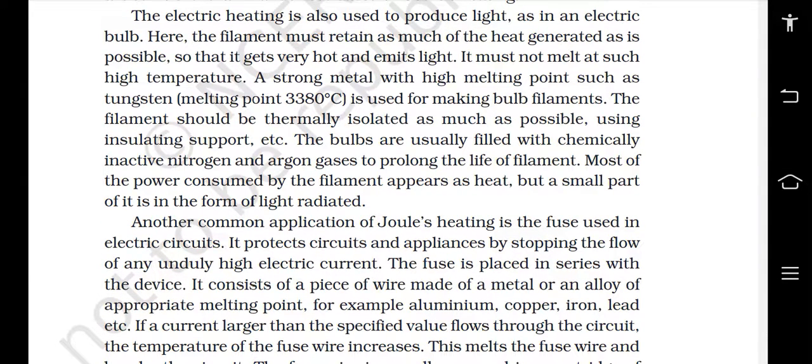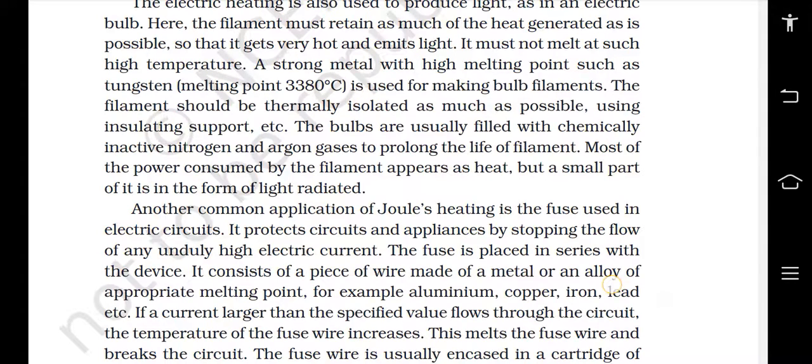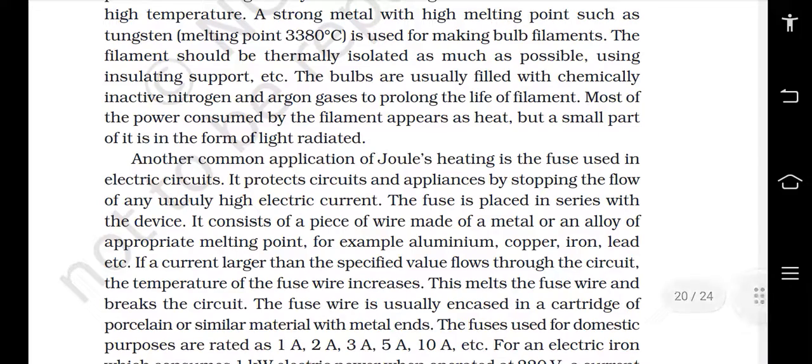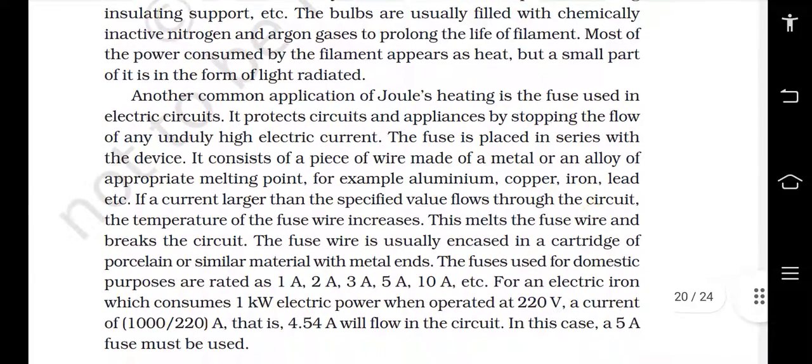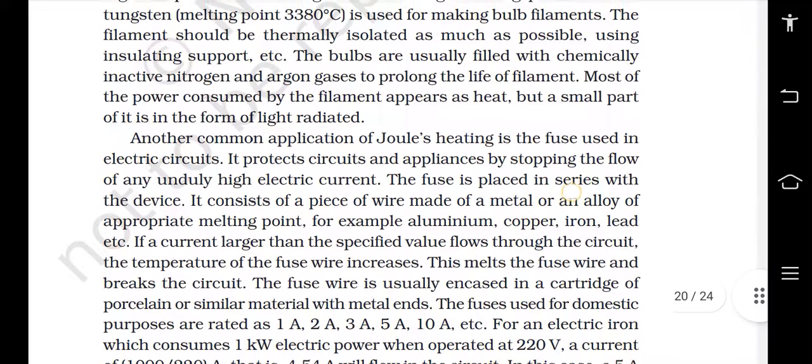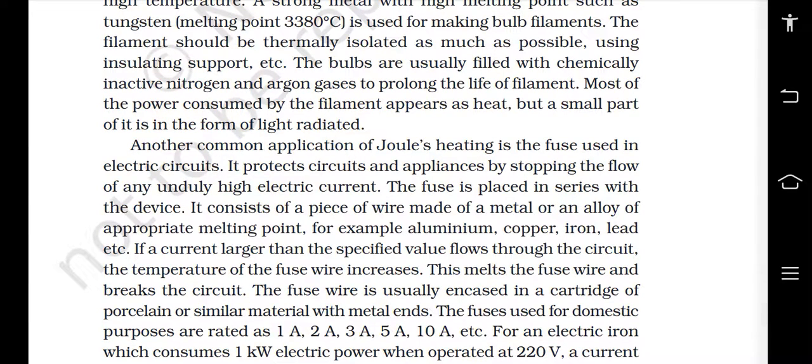That's why we use nitrogen and argon gases, to get a prolonged life of the filament. Once again, in the bulb we keep nitrogen or argon gases. Keep in mind that these two gases are inert gases which do not react easily with tungsten, and moreover it helps to get the prolonged life of the filament.